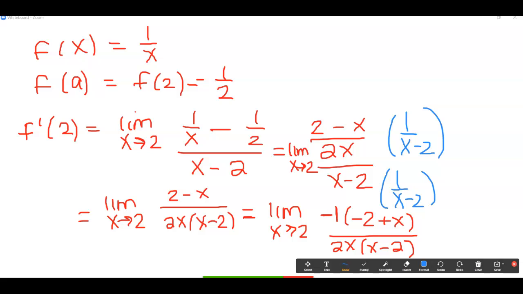So then you can see if you rearrange that negative 2 plus x, it's really x minus 2, which will cancel with the x minus 2 in the denominator, leaving me with the limit as x approaches 2 of negative 1 over 2x. Now I can plug in my 2, and I get negative 1 over 2 times 2, or negative 1/4.